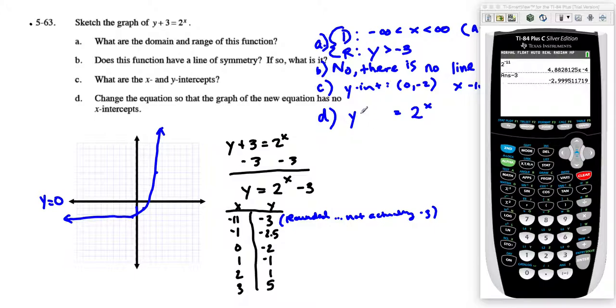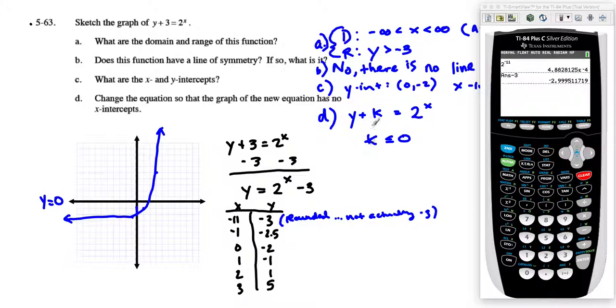So if we had y plus k is equal to 2 to the power of x, what would this value have to be here? Our k would have to be, think about it, if we subtracted it from each side and had it over here, it's going to have to end up being less than or equal to 0.